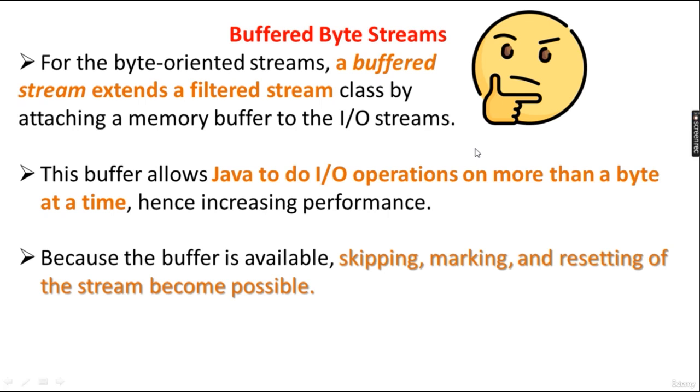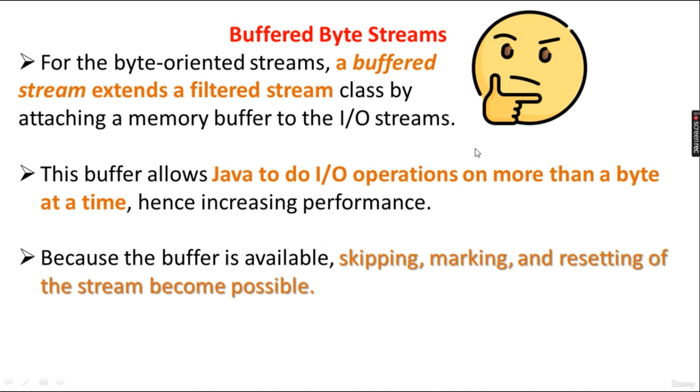This buffer allows Java to do input-output operations on more than a byte at a time, hence increasing the performance. Okay, why is the buffer added? To speed up the performance. Because the buffer is available, skipping, marking, and resetting of the stream become possible and easier.